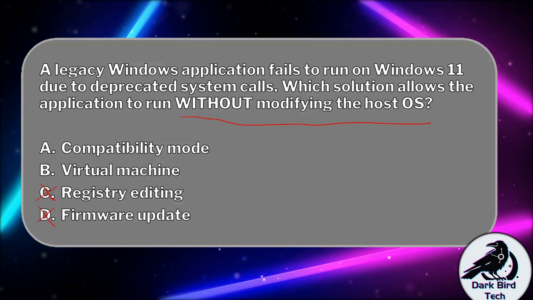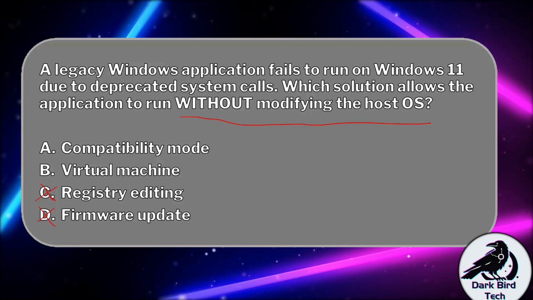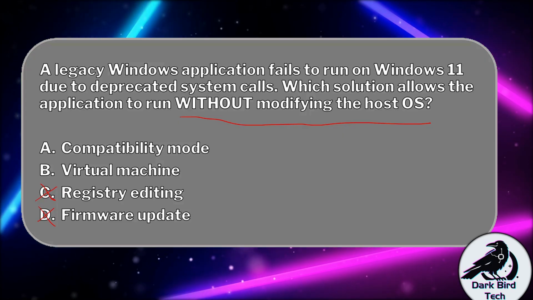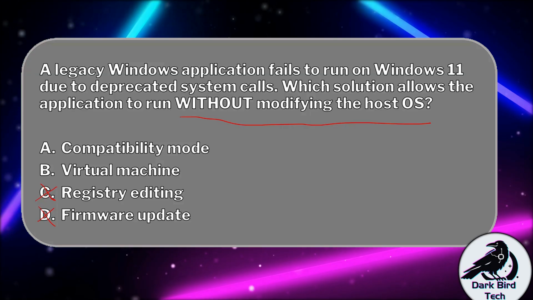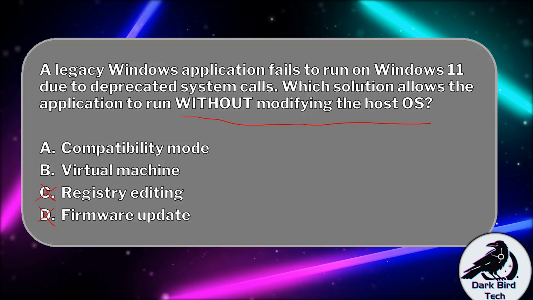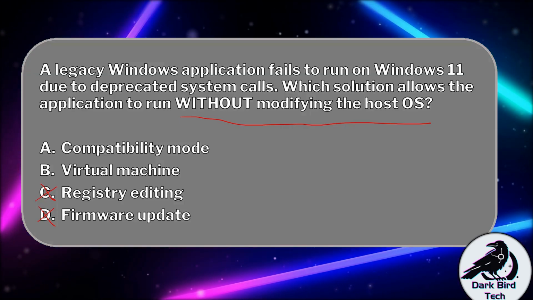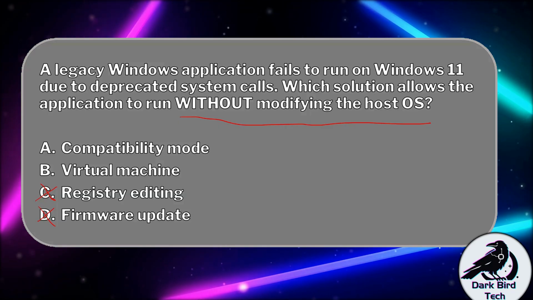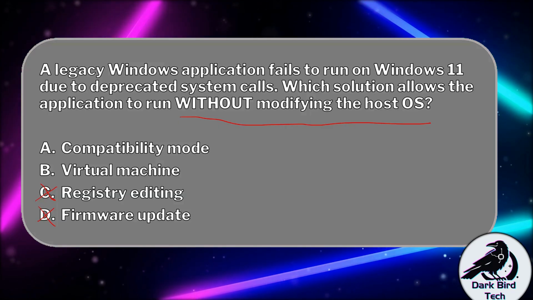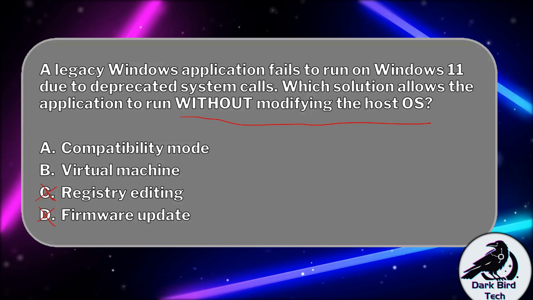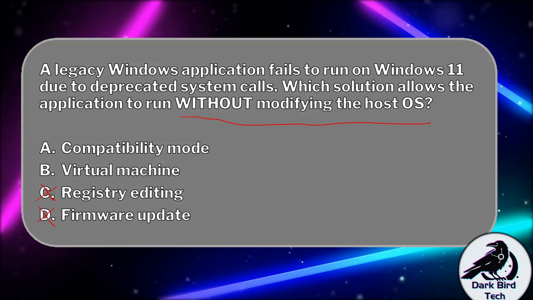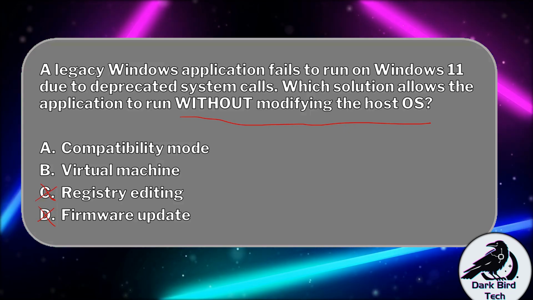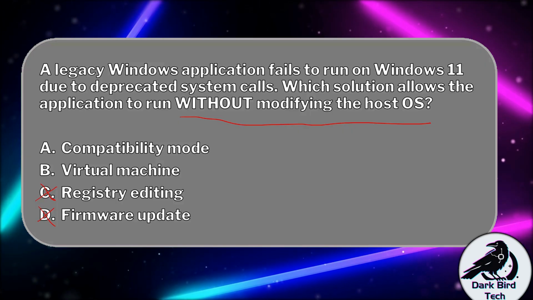When it is necessary and there's no other way to do something than making a manual alteration to the Windows registry, then you do that. But if there's an option that lets you get the outcome you want without screwing around in the registry, I would go for that first. So that definitely is modifying the host OS, and they want us to do this without modifying the host OS.